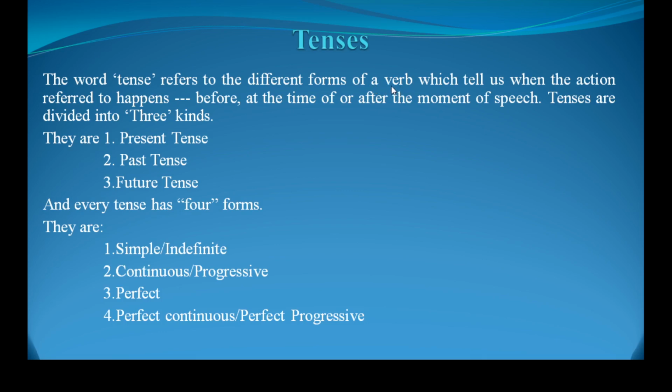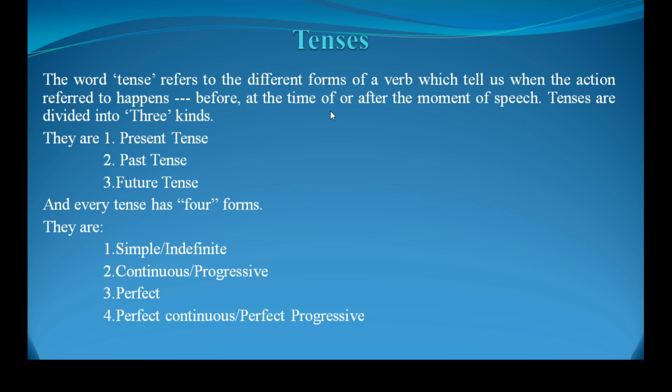It indicates whether that sentence is in the past or in the present tense. Based on the verb form, we can understand whether the sentence is in the past tense or in the present tense.